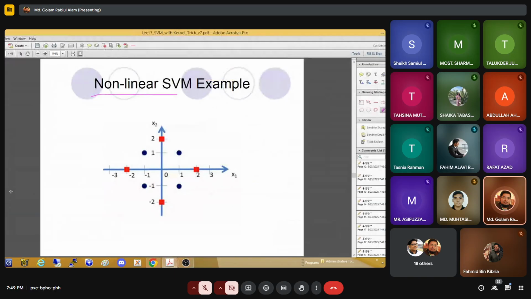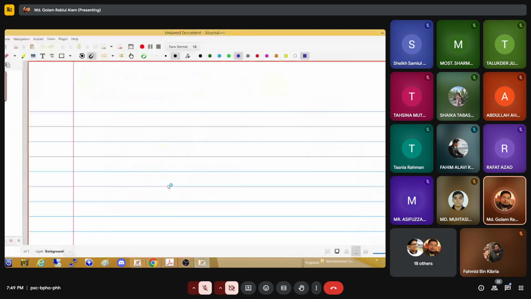So in our today's lecture, we want to discuss the nonlinear support vector machine. At first, we need to understand the nonlinearity in support vector machine. Let's say, if we think about a data set, the data set is given.